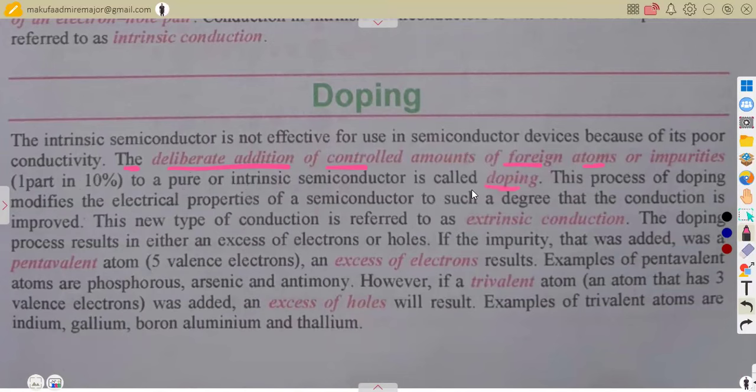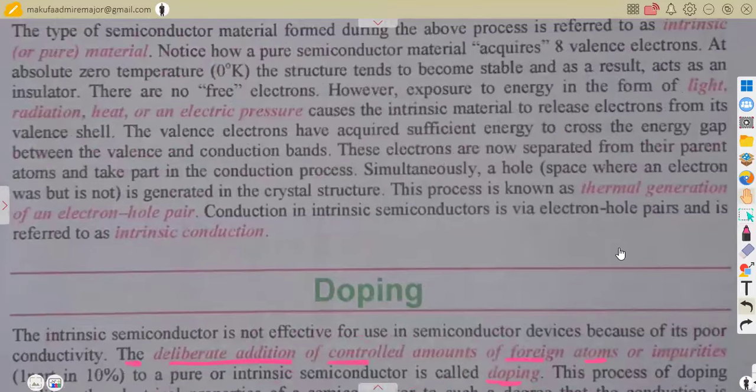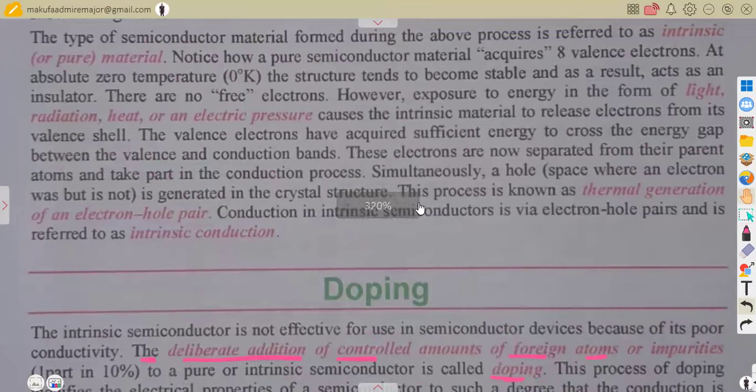This process of doping modifies the electrical properties of the semiconductor to such a degree that the conduction is improved. The new type of conduction is referred to as extrinsic conduction. Remember, we talked of the intrinsic properties if you were going through the reading properly. Conduction in intrinsic semiconductors is via electron hole pairs and is referred to as intrinsic conduction.